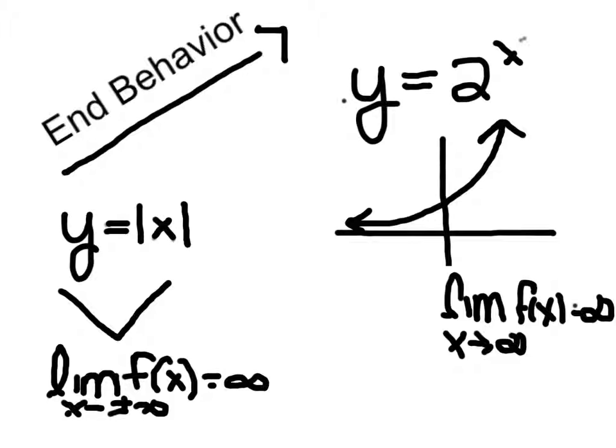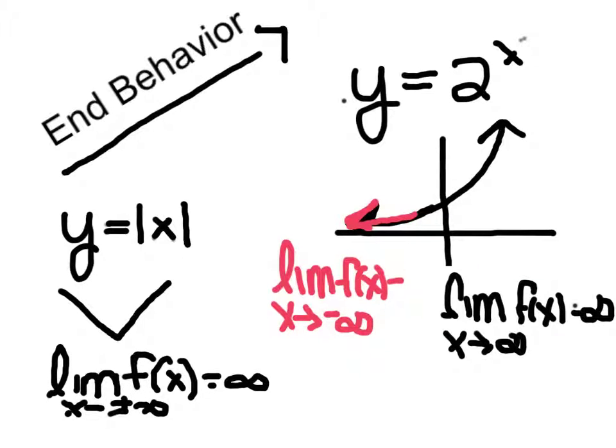But if we look at this section right here, its limit as x goes to negative infinity is 0, because it's approaching. And then keep in mind, if you did something like shift the graph up 2, then that asymptote would get shifted up 2, and the new limit to negative infinity would be 2.